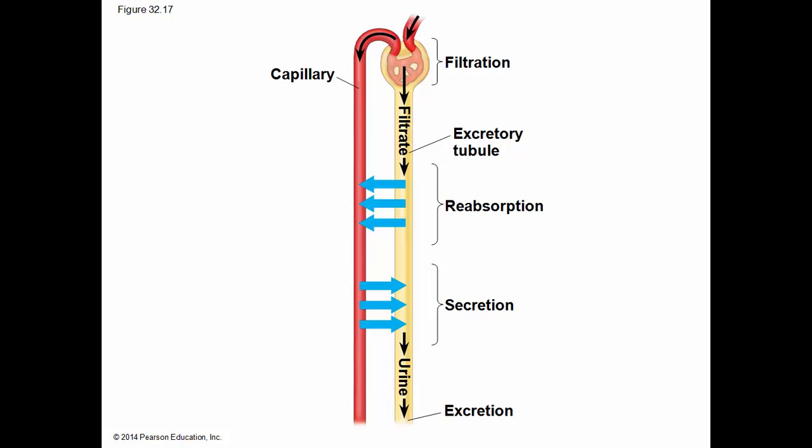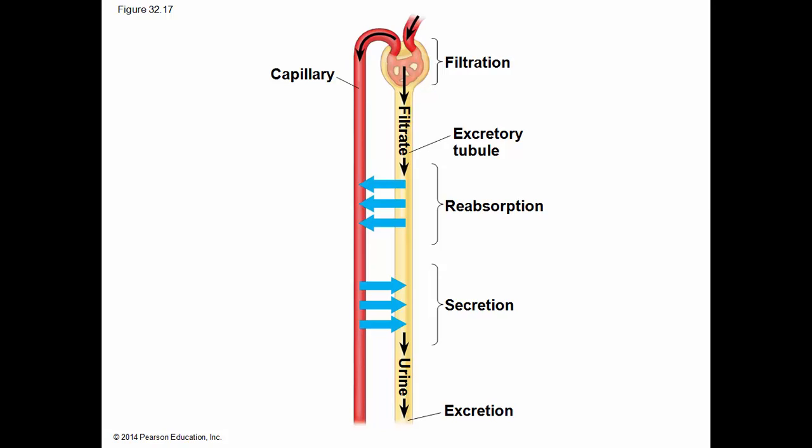Okay, here's a very simple schematic of what goes on in the kidney. First, there's filtration up at the top here. The excretory tubule collects a filtrate from the blood. Water and solutes are forced by blood pressure across the selectively permeable membranes of a cluster of capillaries into the excretory tubule.